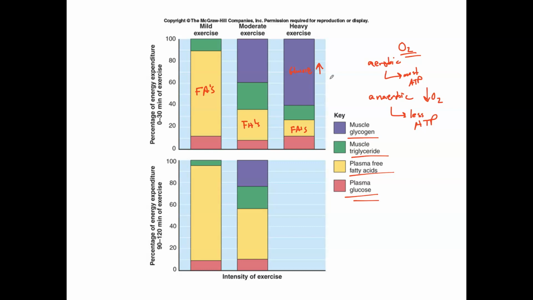During anaerobic metabolism, we will also see the production of lactic acid as the pyruvate from glycolysis is being converted into lactic acid in order to replenish the NAD molecules that are used in the glycolysis pathway.